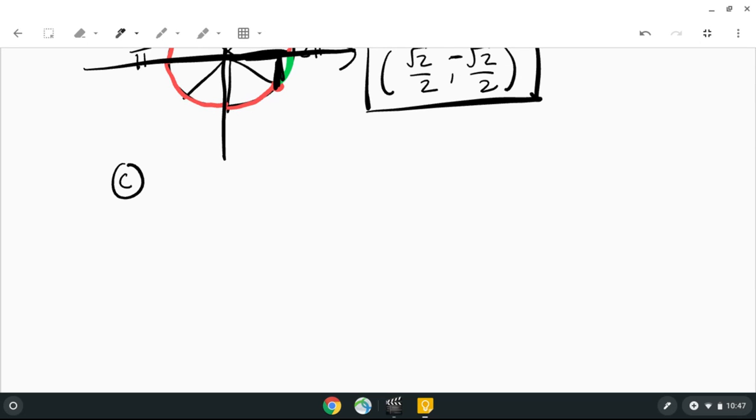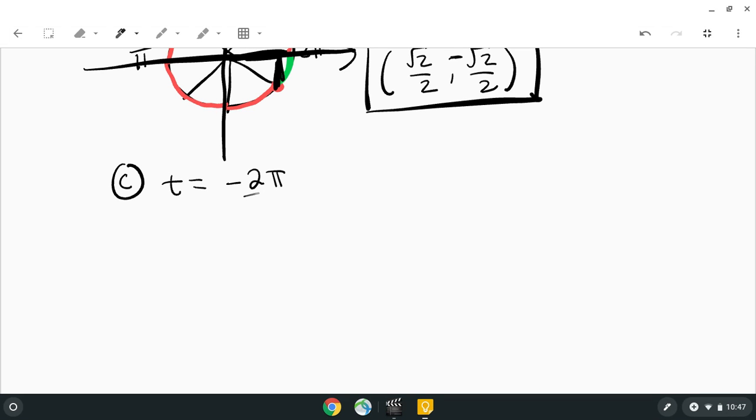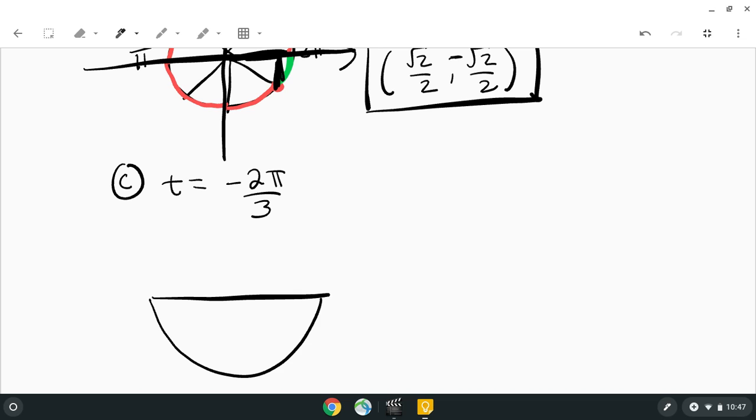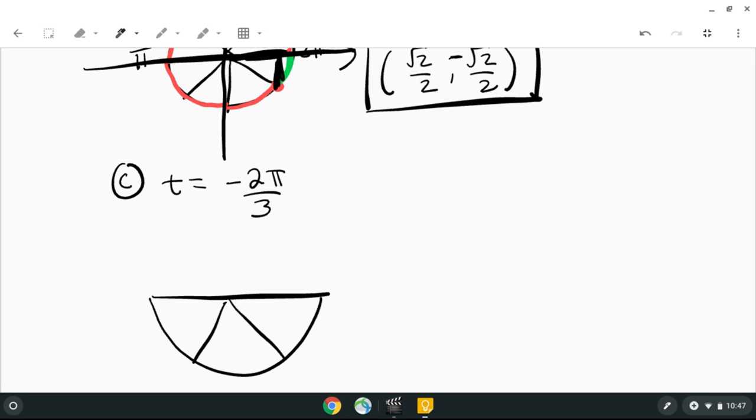Suppose our t value is negative 2 pi over 3. So we have this here, and we're going the opposite direction. It's cut into 3 equal parts, 1/3 and 2/3.